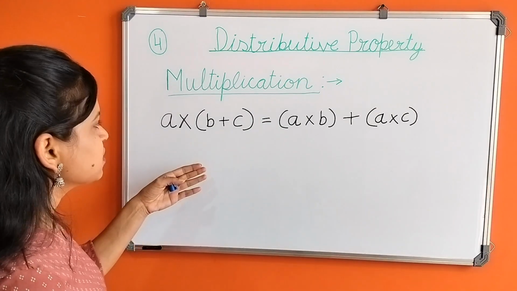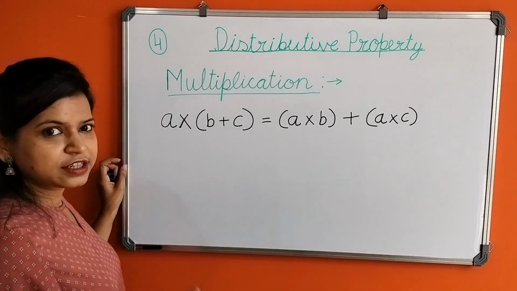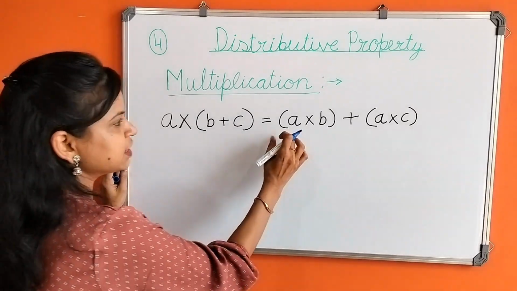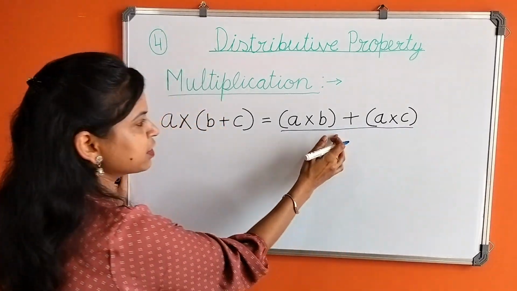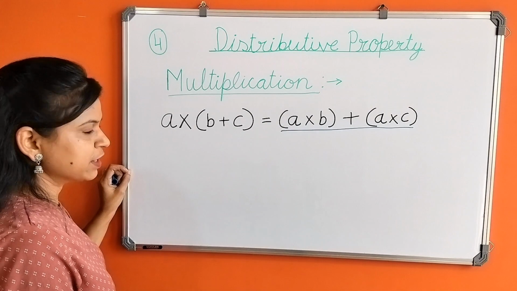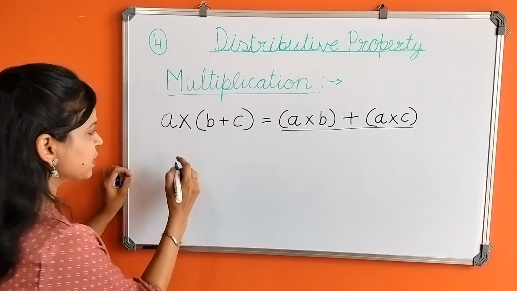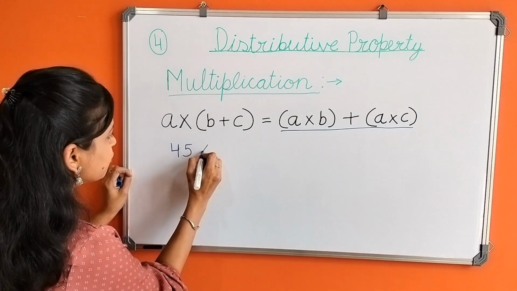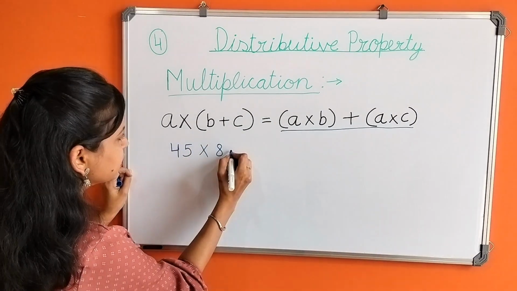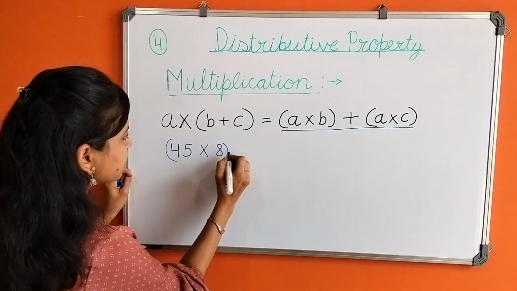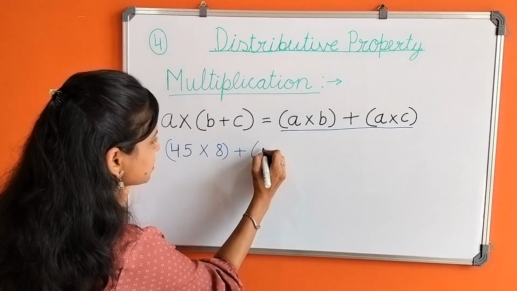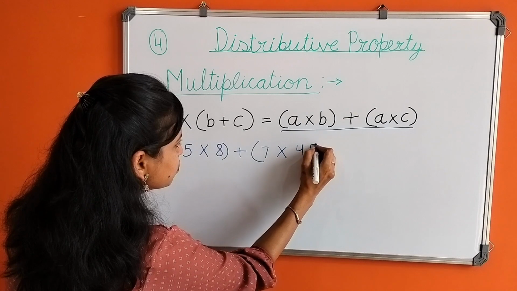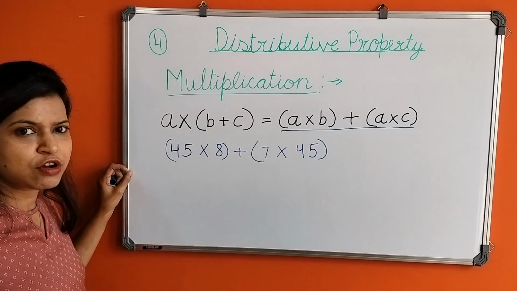Sometimes a question is asked in a different way, where something is given and you have to solve it. For example, let's have one example: 45 into 8 plus 7 into 45. Now solve it.